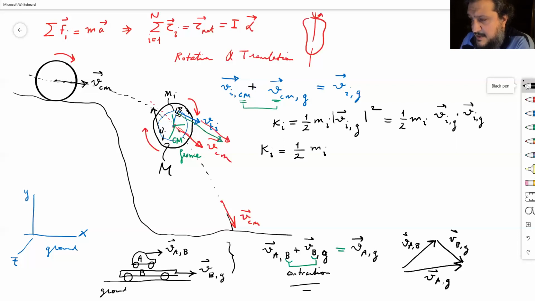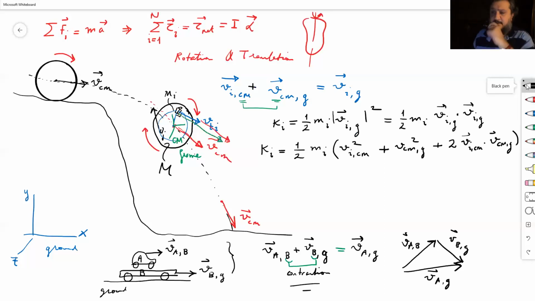Now, if I multiply this by itself, I will have VI,CM squared, plus VCM,G squared, plus 2 times VI,CM dot VCM,G.